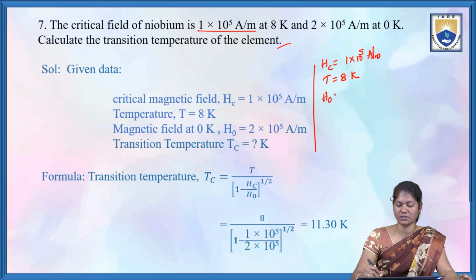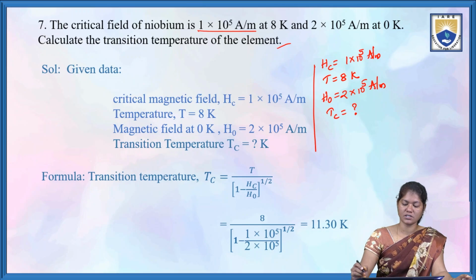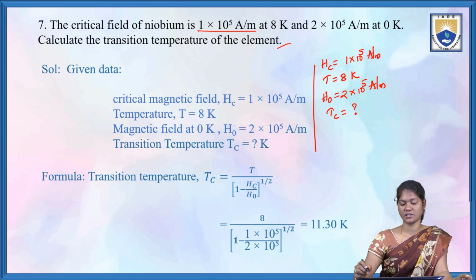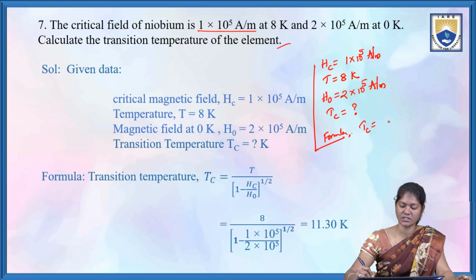So H naught is equals to 2 into 10 power 5 ampere per meter. Now we need to calculate the transition temperature of the element Tc. So the formula to find the transition temperature or critical temperature.